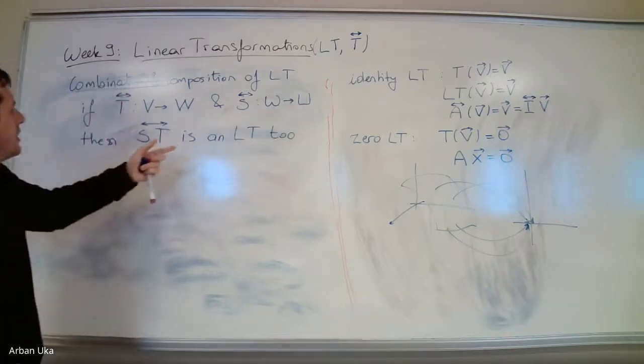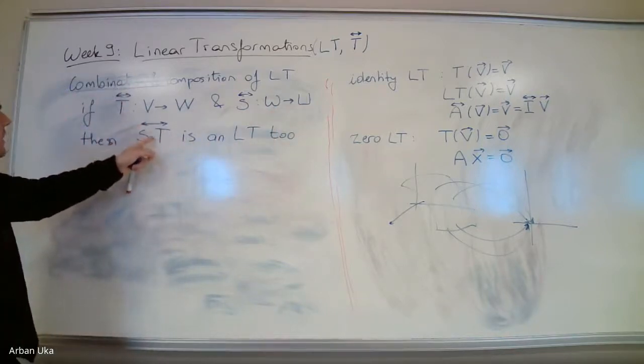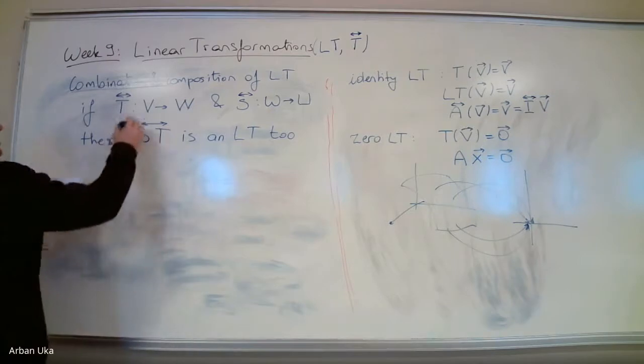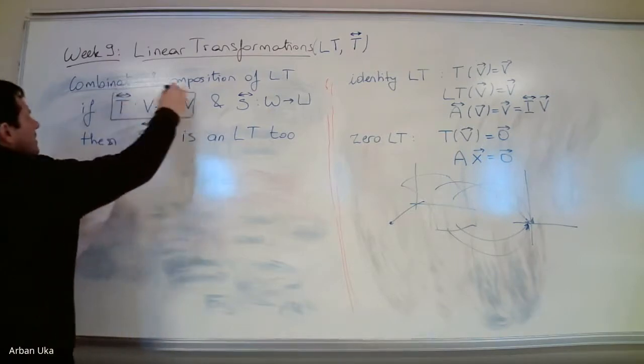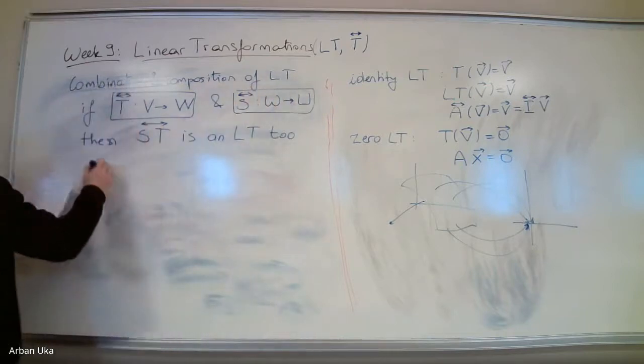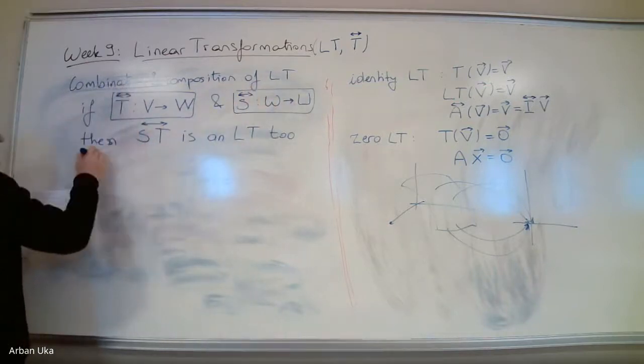So it is possible for us to transform a vector initially by T and then by S. This is one LT, this is the other LT, and what we are saying here is the following.